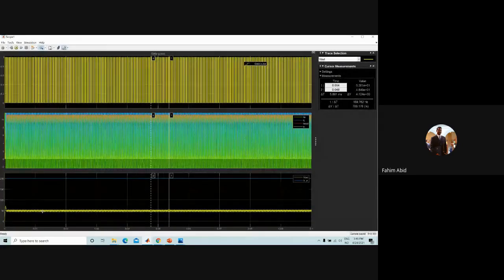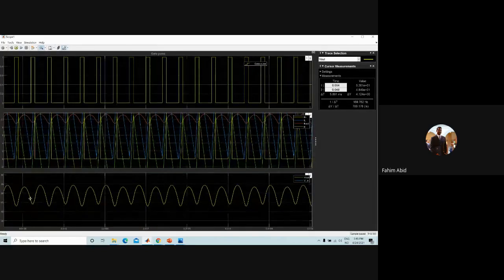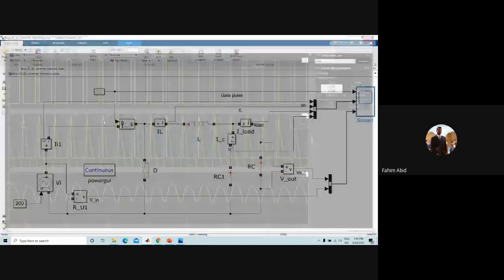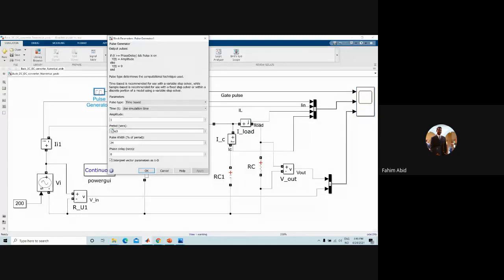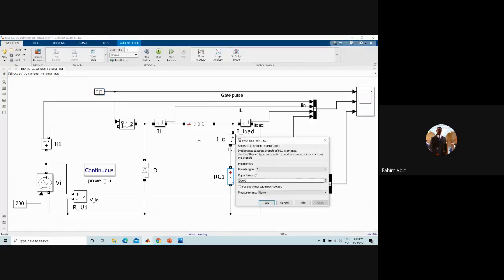Yes, if you look at the output voltage, you can see there is much more ripple now than in the previous cases. So now change it to 50. The same thing is also valid if you change the RC value.